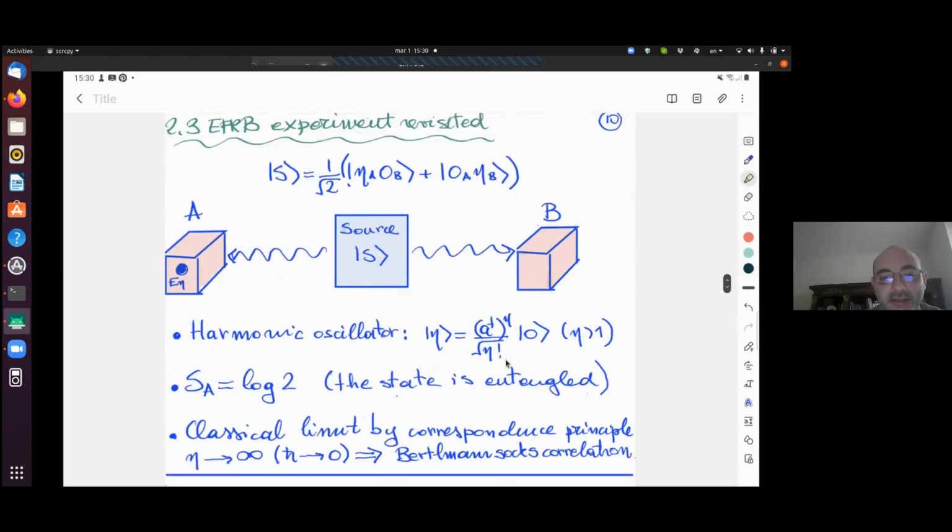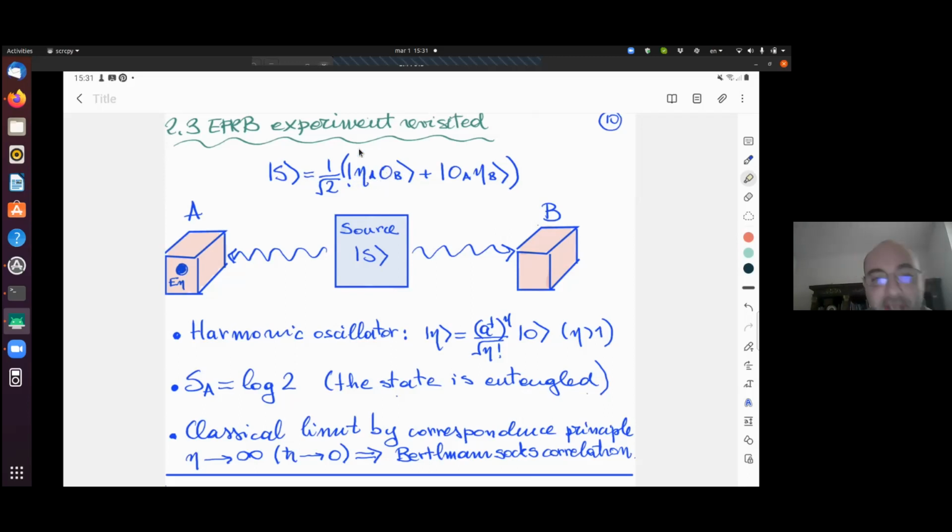So let me rephrase this experiment in a different way, in a way that maybe you can understand where I want to go with this. Suppose now that we take a state as a source, which is an entangled state built from a harmonic oscillator.